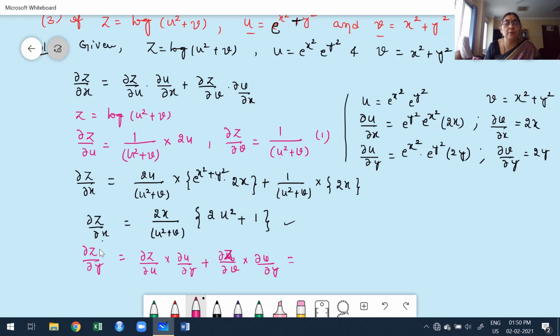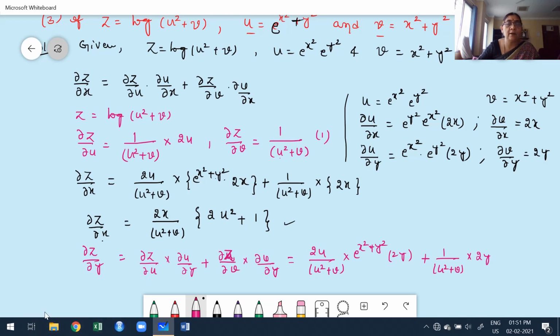Is nothing but 2u divided by u square plus v, into dou u by dou y, which is e power of x square plus y square into 2y. Okay, fine. Plus dou z by dou v is nothing but 1 by u square plus v into dou v by dou y, which is 2y. Now, as usual, you take a common factor for this.